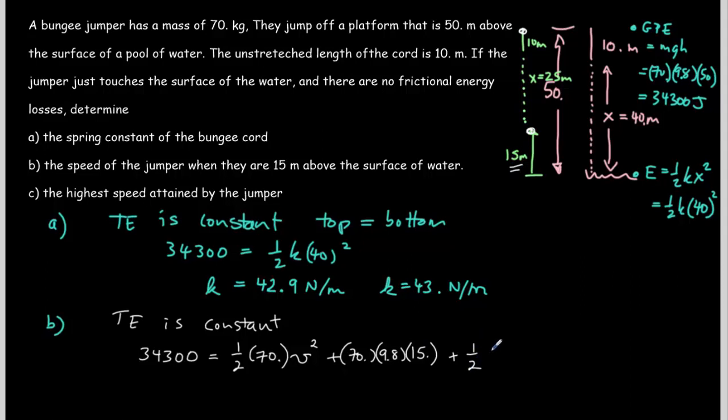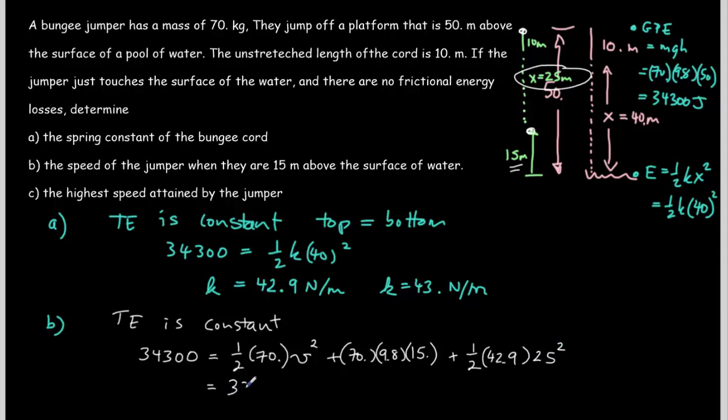We worked out the spring constant to be 42.9. And we just said that the spring is going to be extended by 25 meters from its unstretched length. So we'd have a 25 squared there.